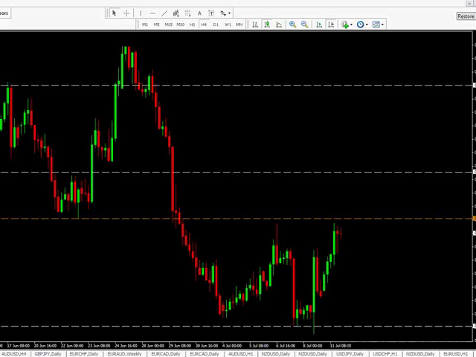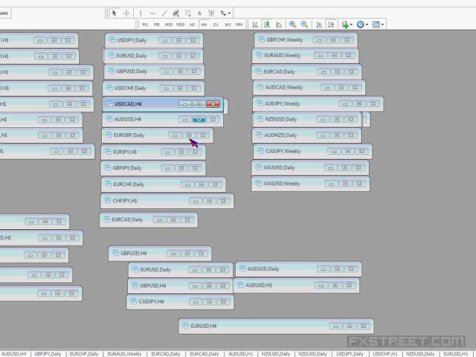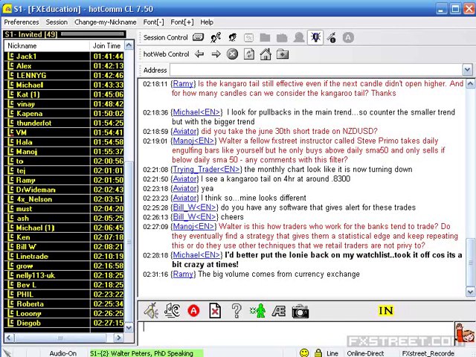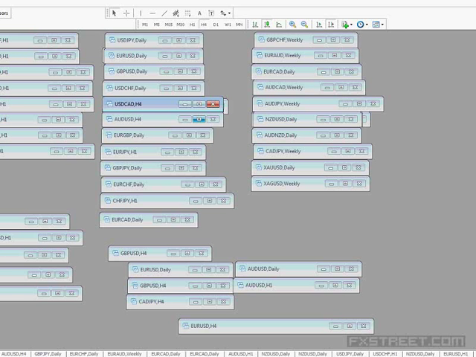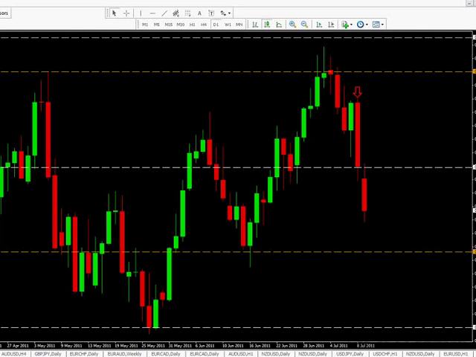Okay, so the CAD is one that does get really choppy, Michael. I agree, but there are certain situations where the CAD shows up and it gives you something really nice, and I think that's right now. Now let's talk about the with-the-trend type situations, because we've seen these before, right? Who was the trend trader here?